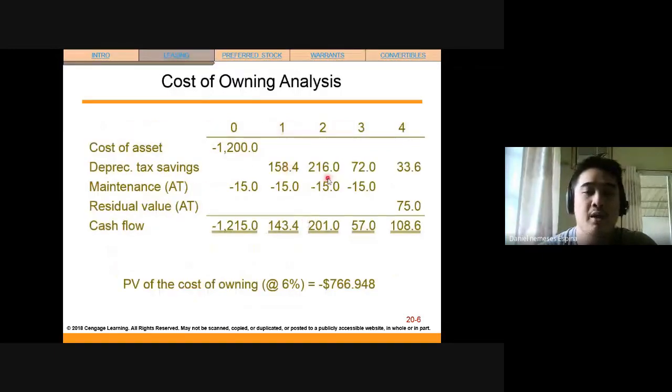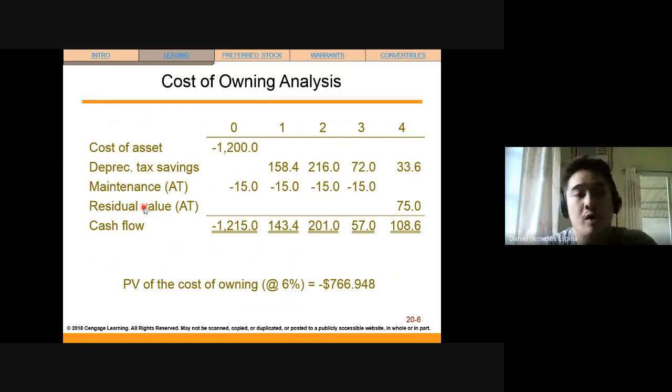For year one, that's 158.4. Second year is 216. Third year is 72. And year four is 33.6. As to the maintenance, in our data it's 25,000 per year. By the way, this is in terms of thousands, these figures. So if 25,000 per year, remember that the maintenance expense can also help us decrease our tax.